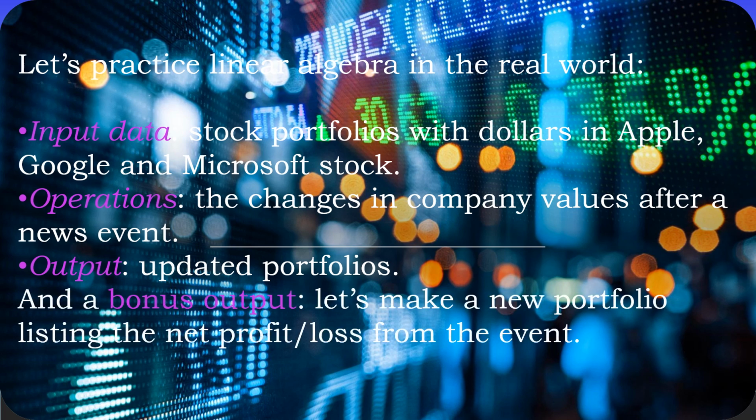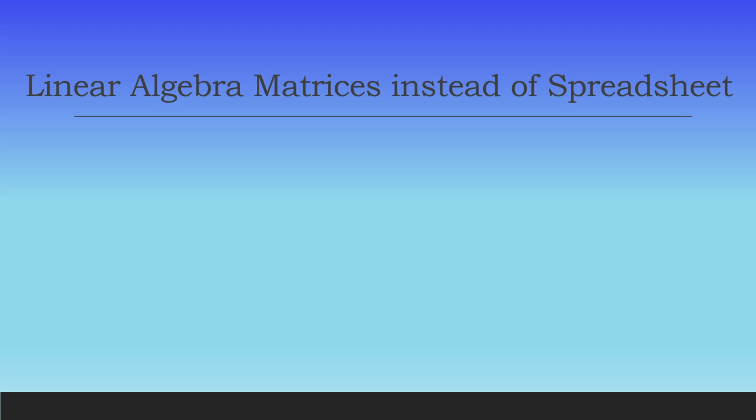When we do the output, which is the updated portfolio, we are not only interested in the new values for Apple, Google, and Microsoft portfolios. We are also interested in the bonus output, which is my profit and loss due to this event.